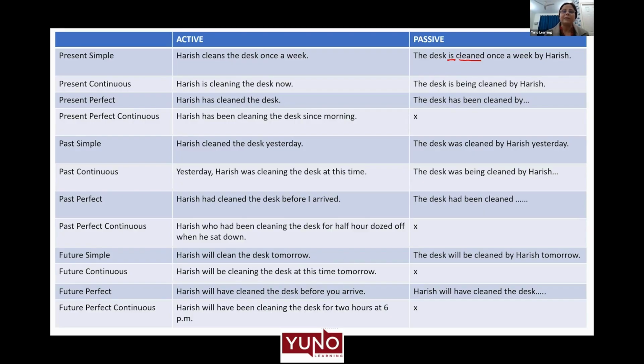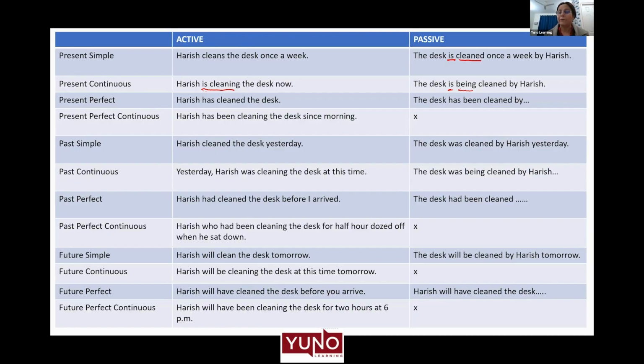Now let's look at present continuous, something that is in progress now or these days. So Harish is cleaning the desk now. A simple sentence to understand the structure. How do we have it in passive voice? Something that is in progress now. So of course you take this help of the verb be, that is over here. We put being, B-E-I-N-G, being.